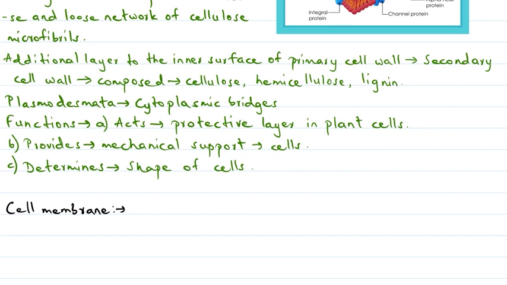All the cells, that is both prokaryotes and eukaryotes, are bounded by a thin delicate membrane called the cell membrane or the plasma membrane. So this plasma membrane is also known as the cell membrane.